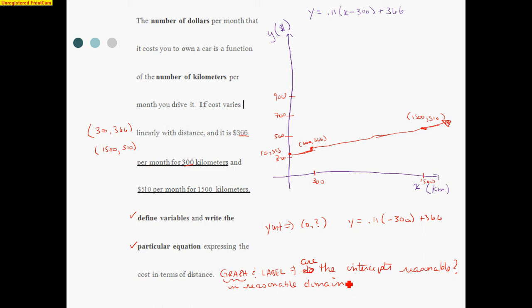I want to graph it in the reasonable domain, but I want to indicate I understand this linear function has an infinite domain, so I'm going to dash the unreasonable. I graphed in a reasonable domain a solid line, and then I dashed the unreasonable part.